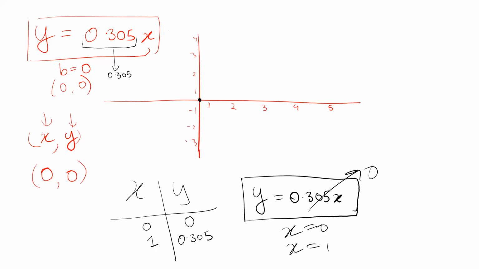So whenever you're trying to figure out how to draw a line, just plug in x equals 0 and see what value you get for y. And then plug in x equals 1. 1 is also very easy because there's not much multiplication to do. Anything times 1 is just itself. 0.305 times 1 is itself. 1/4 times 1 is itself. 1,000,000,000 times 1 is itself.